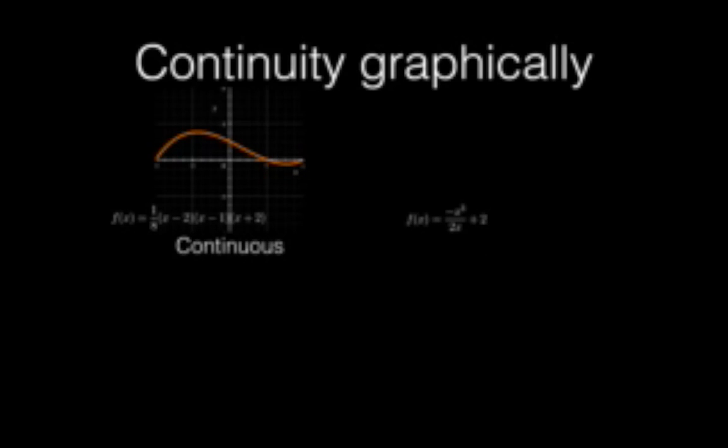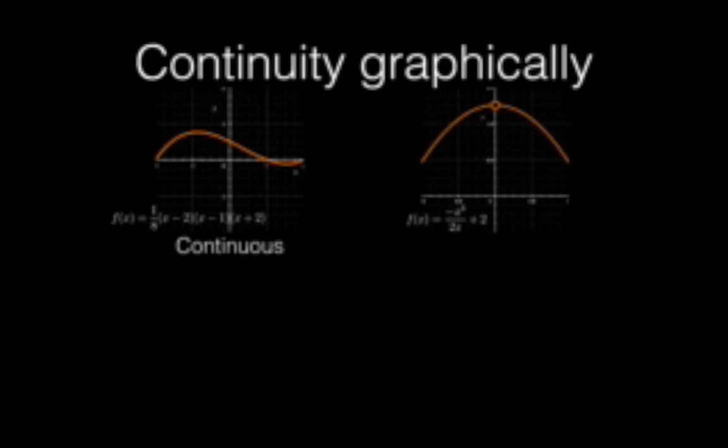Now let's take the function f of x equals -x cubed over 2x plus 2. Here's a graph of it. And so you could follow the previous steps to find if the limit exists, and that's true. There's no oscillating behavior, no unbounded behavior, and the left-sided and right-sided limits at every point are equal to each other.